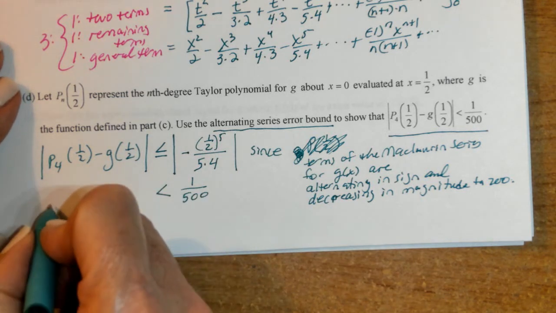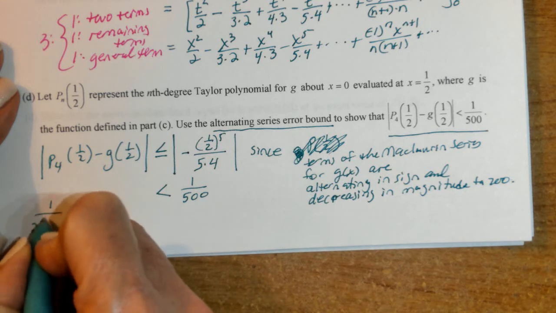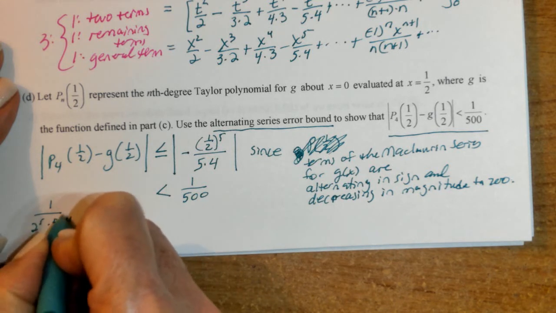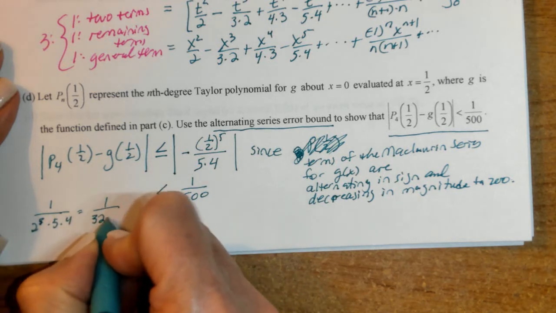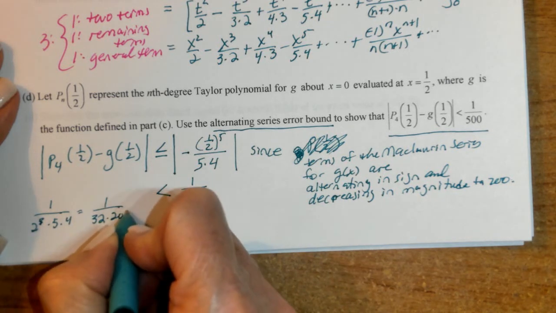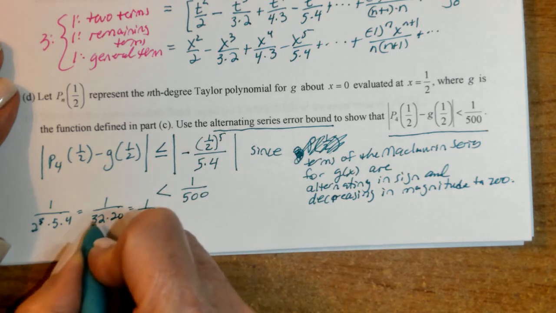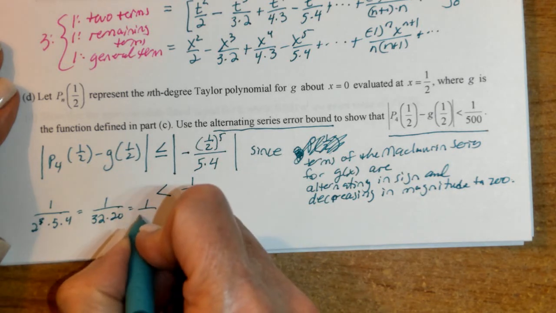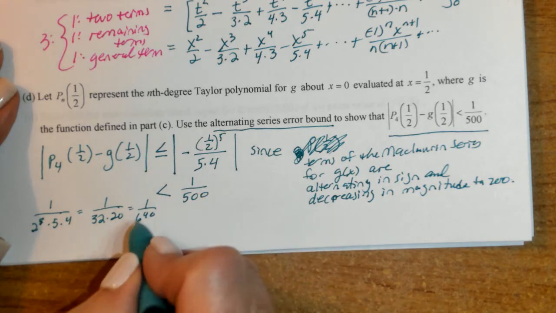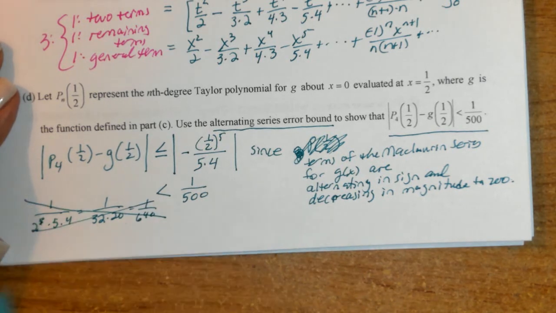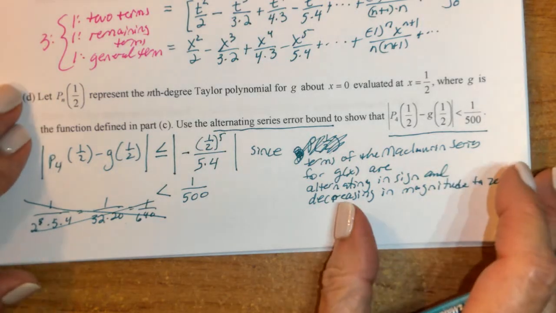So I would have 1 over 2 to the 5th times 5 times 4. 2 to the 5th is 32. 5 times 4 is 20. 32 times 20 is 640, so 1 over 640, which is less than 1 over 500. I don't want AP to see that, so I just cross it out. Don't spend time erasing it.